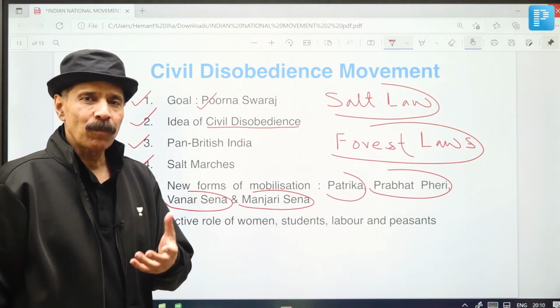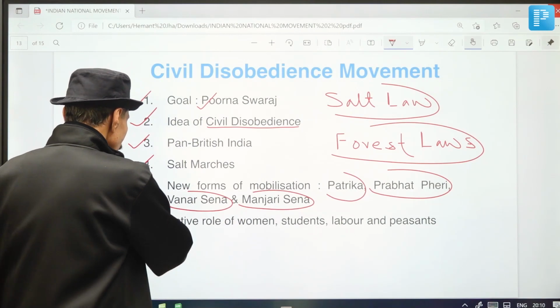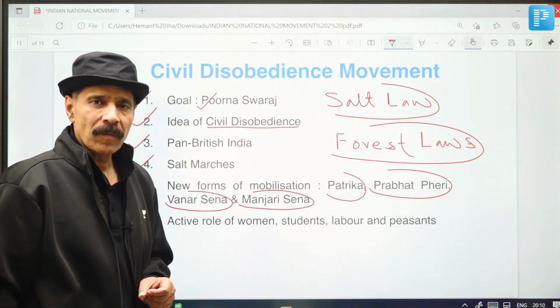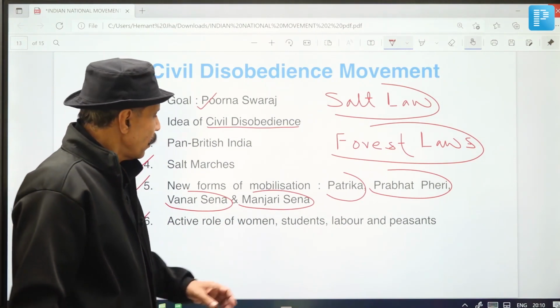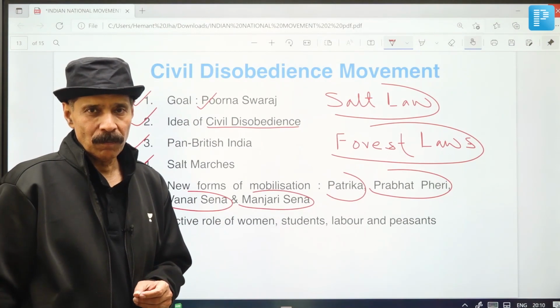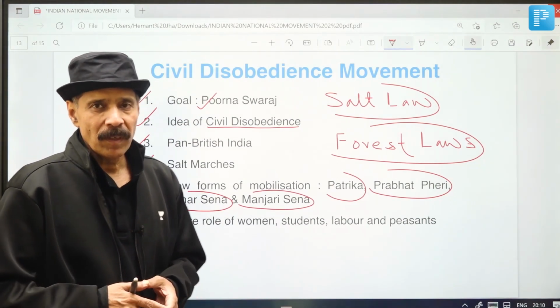So these bands also played a role in conveying messages during CDM. Next is the active role of women, students, labor and peasants. These classes played a role in the non-cooperation movement also, but their role was magnified now.